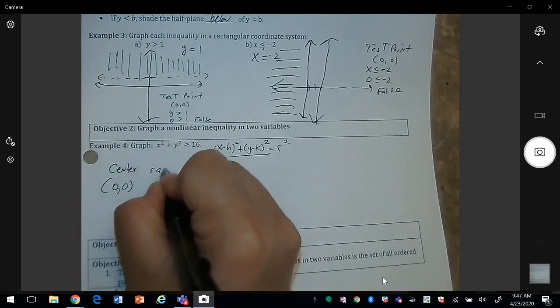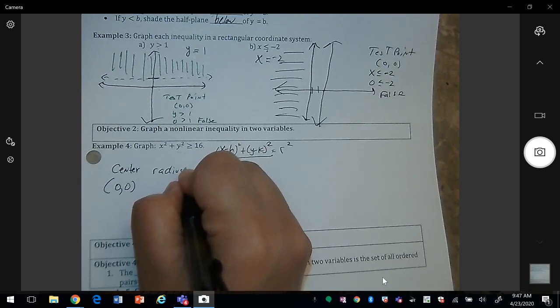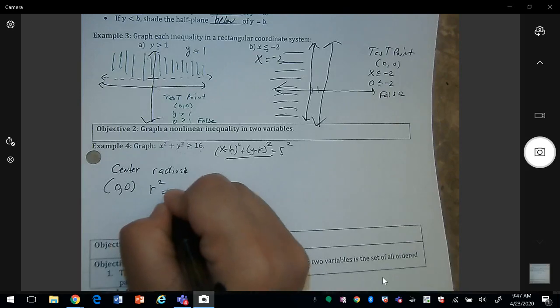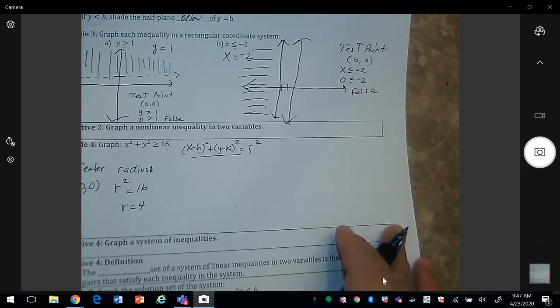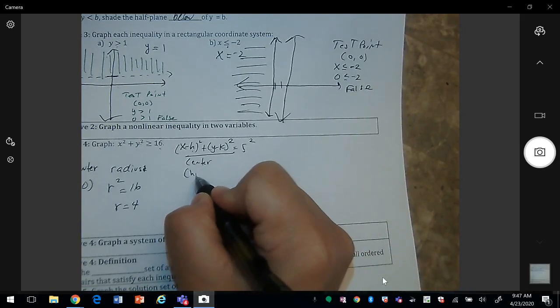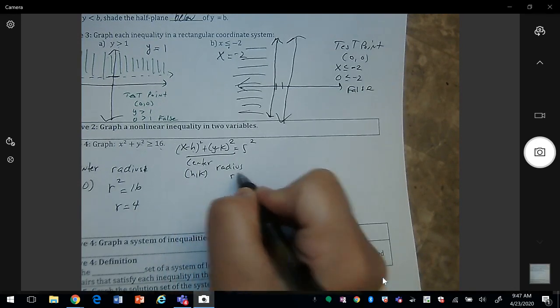And then our radius is going to be r squared is equal to 16. So r is 4. Again, the center is h, k, and then our radius is r.